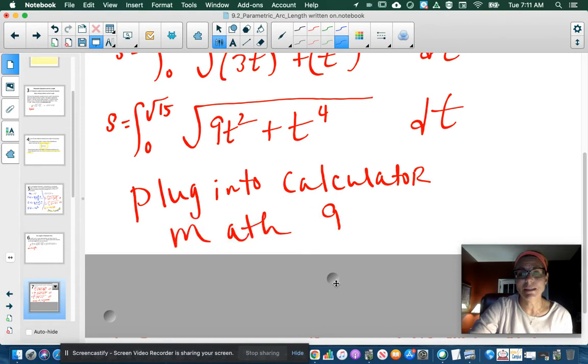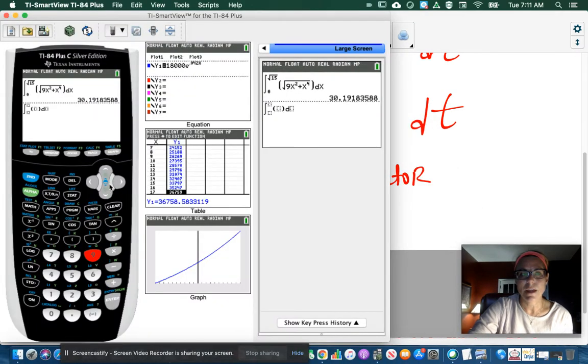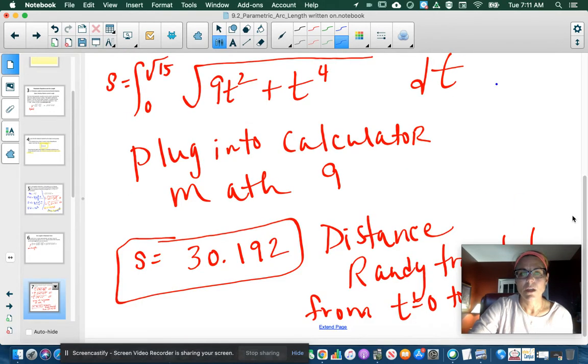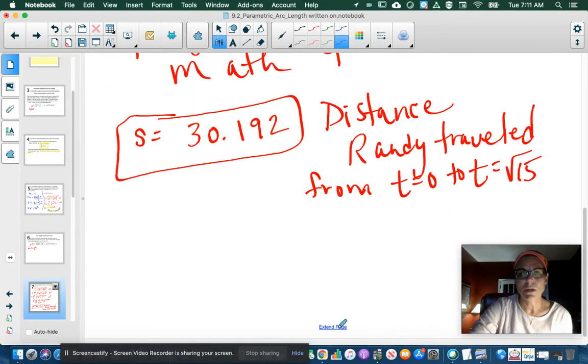And yes, I did, just like I showed you, grabbing your calculator. I think I have this one on there. Yep, Math 9. There it's plugged in. And there was my answer, 30.192. So if I scroll down, 30.192 is the distance Randy traveled from t equals 0 to t equals root 15.